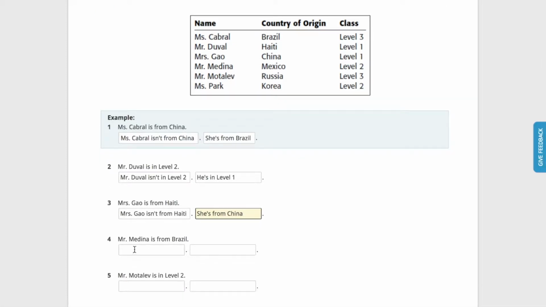Number 4, Mr. Medina is from Brazil. Well, let's look back and see. Mr. Medina is from Mexico, and he's in level 2. All right? So here it's talking about Brazil. He is not from Brazil.